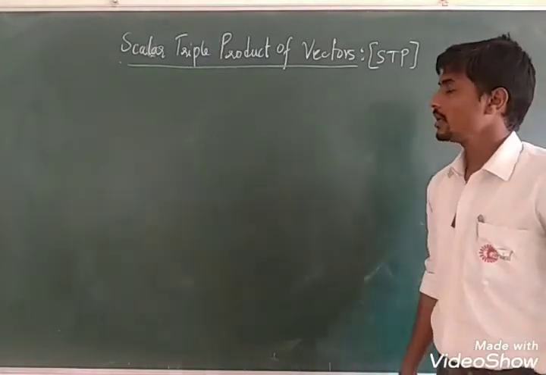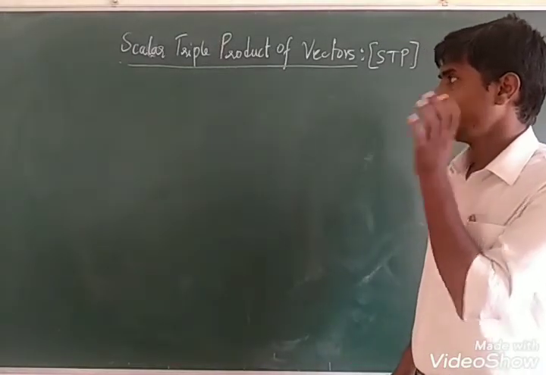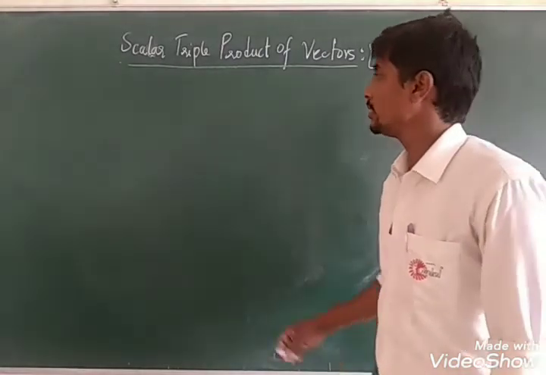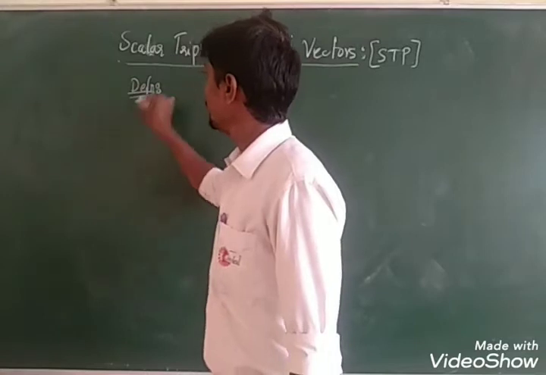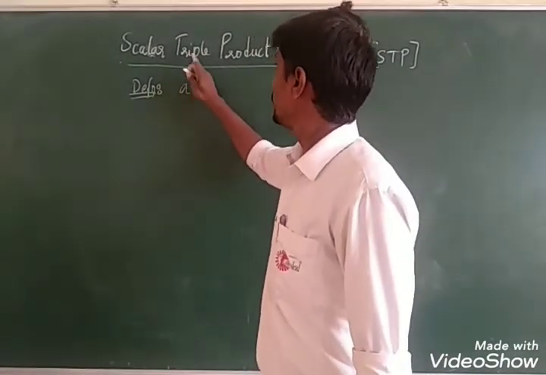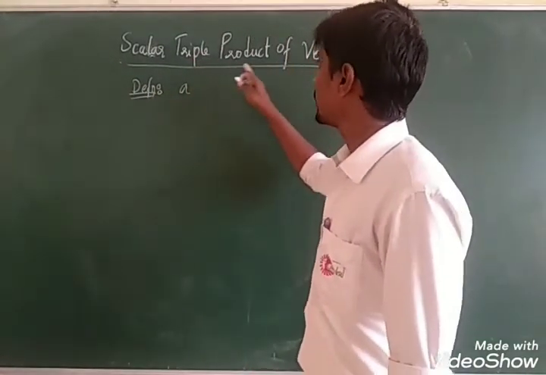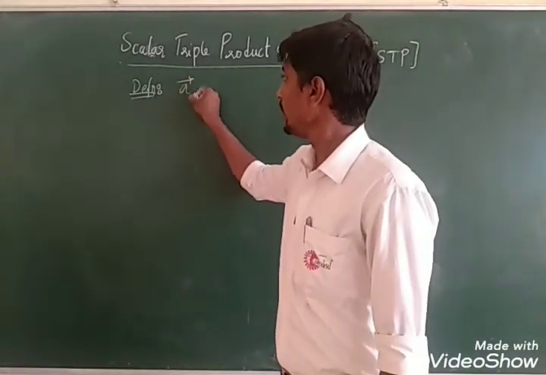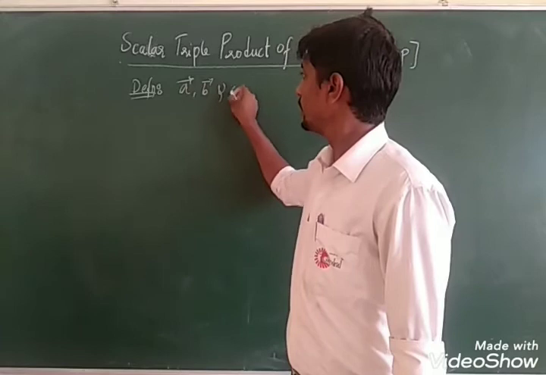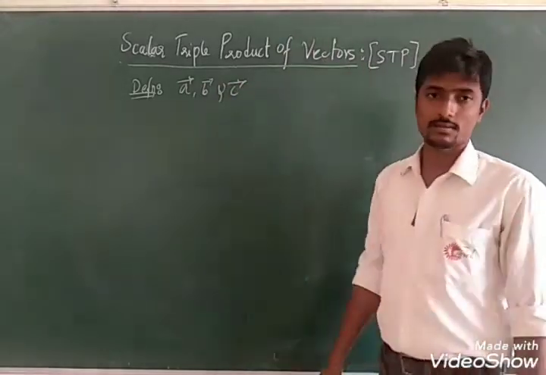Yes. So now here, see the definition of the scalar triple product of the vector. Scalar triple product means we consider three vectors here. Vector A, vector B and vector C are any three non-zero vectors.